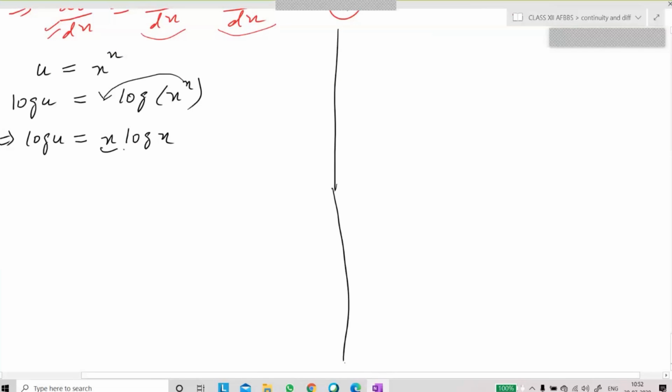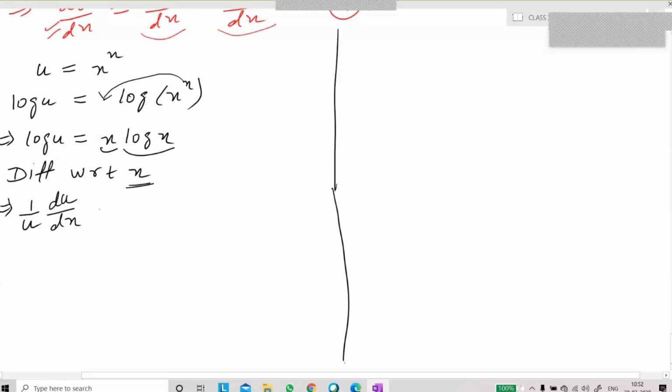Now you can very well see that these are two functions, one is x and second is log x. And so we have to apply the product rule. At this stage I can differentiate both sides with respect to x. So derivative of log u will be 1 by u. But since I am differentiating with respect to x, not with respect to u, we have to differentiate u with respect to x.